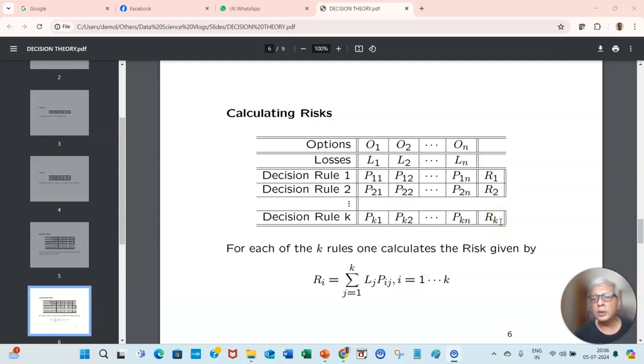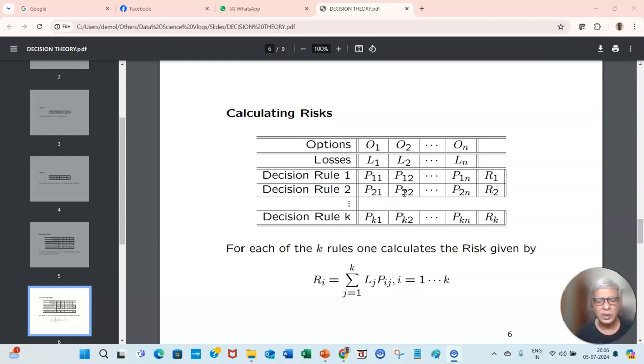And obviously, the best decision will be the one with minimum risk. You minimize risk and take the best decision rule, which is a probability distribution over the options. So you have quantified loss, you calculate the risks for each decision rule, and you consider the decision rule with minimum risk. So that is the mathematics behind taking decisions in a nutshell.